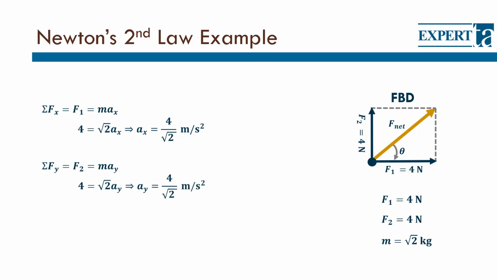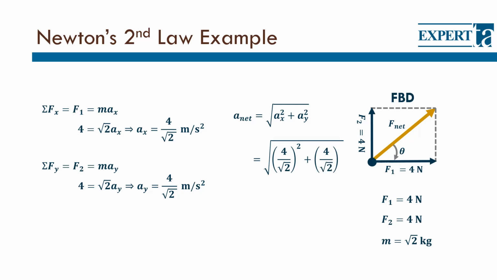Now we need to find the net acceleration. So the net acceleration is the square root of ax squared plus ay squared. And so now this is square root of 4 over square root of 2 squared plus the same with the y direction. Now this is equal to 16 over 2 plus 16 over 2, which is square root of 32 over 2, which is square root of 16, which is 4 meters per second squared.